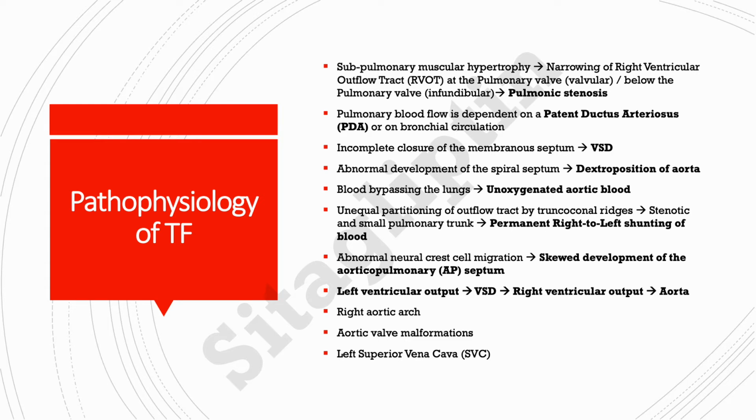we'll learn the pathophysiology. So we have hypertrophy of the subpulmonary muscles, and this leads to narrowing of the right ventricular outflow tract, RVOT. Now this can happen at the pulmonary valve, and in this case it will be known as pulmonary valvular stenosis, and it can happen below the pulmonary valve. In this case it would be known as pulmonary infundibular stenosis.